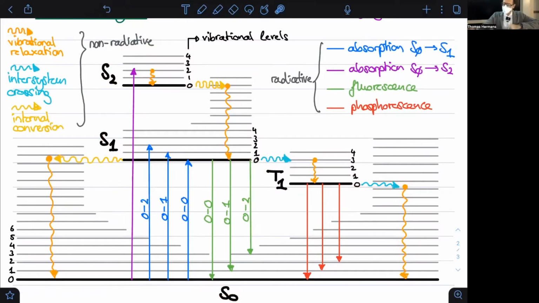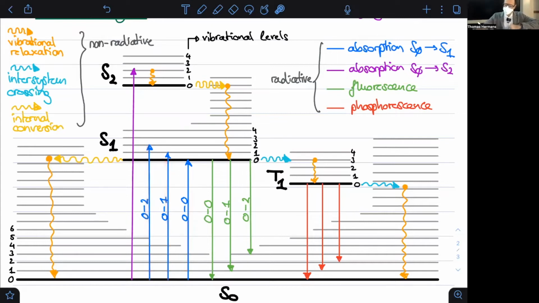Okay, so we saw in the last class that we can have absorption to the first excited state or to higher states, right? In the case of emission, so now we're going to talk about radiative processes, right? So radiative processes are fluorescence and phosphorescence, right? They involve photons, absorption. And so if we look at absorption, we can excite to different levels.